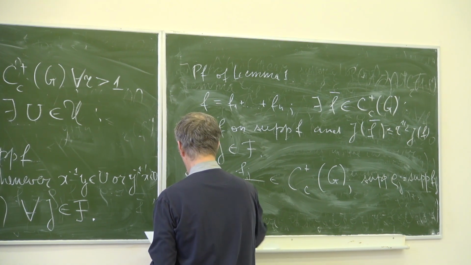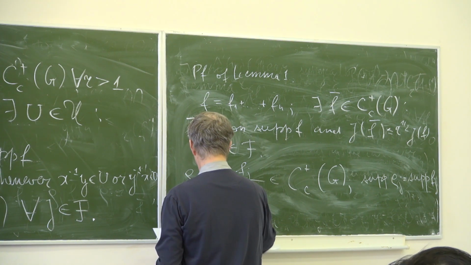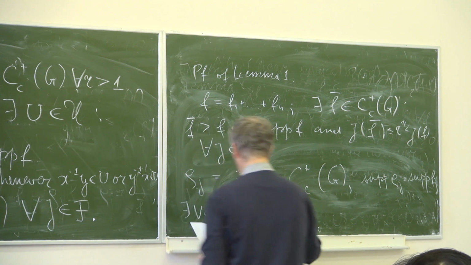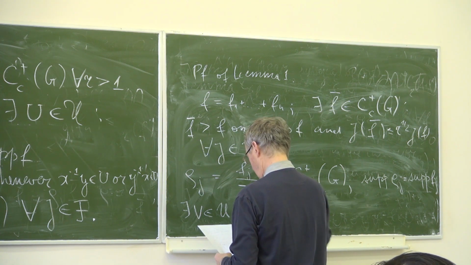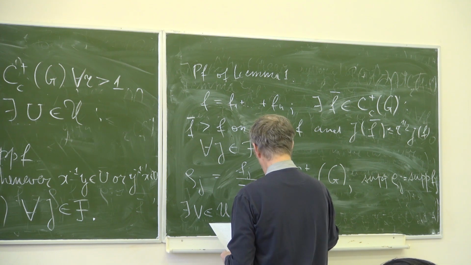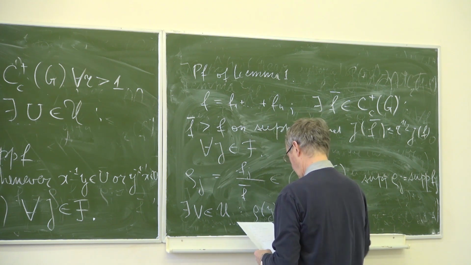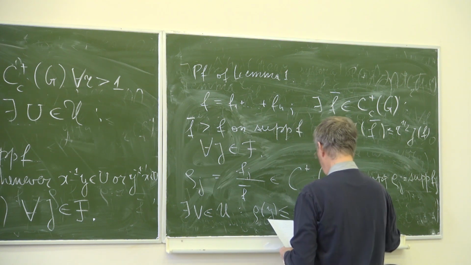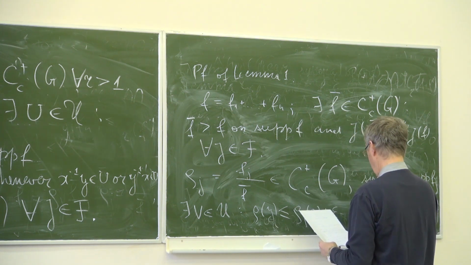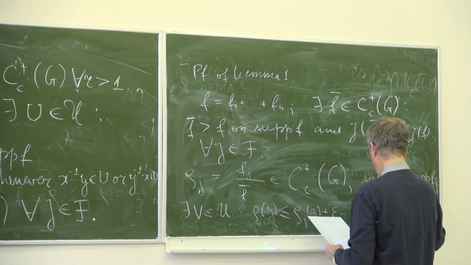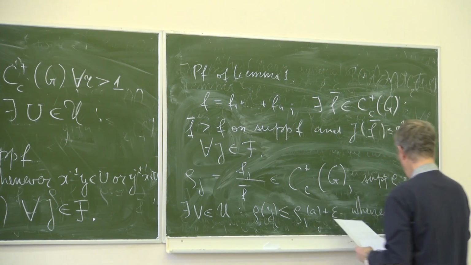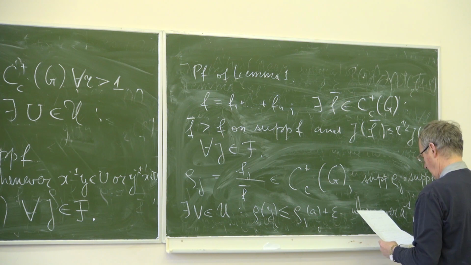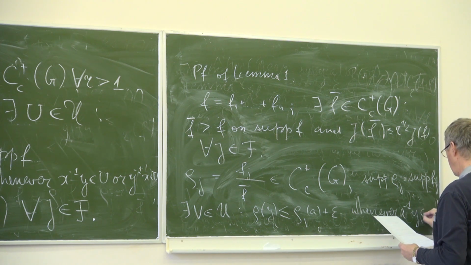So there is a neighborhood V of unity such that rho j of y is less than or equal to rho j of a plus epsilon whenever r to the power minus 1 y is in V.